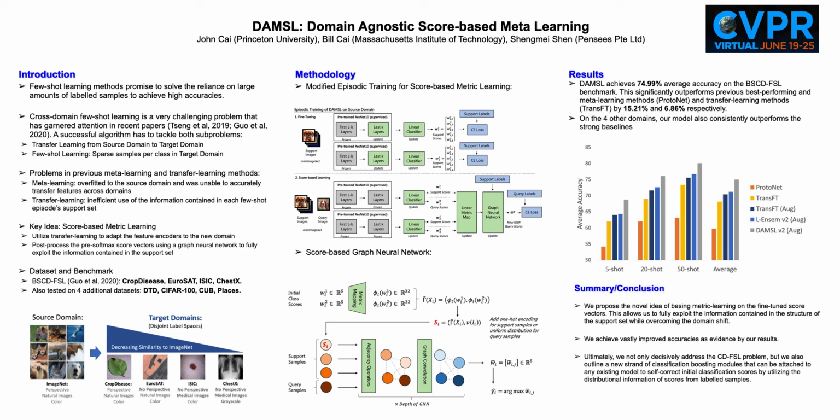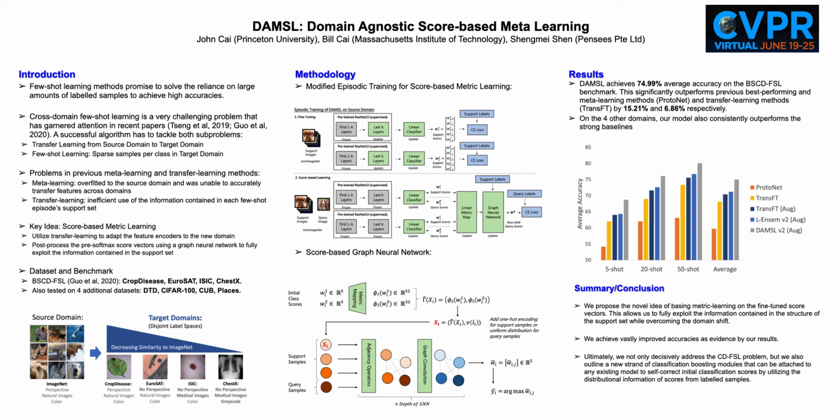This delivers a more robust classification scheme that fully takes into account where this query sample is placed in the space of the support samples. So this allows us to fully exploit all information contained in the support set rather than throwing it away when we are just treating them as IID.